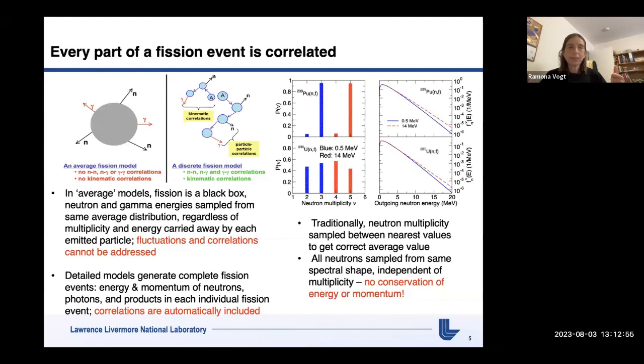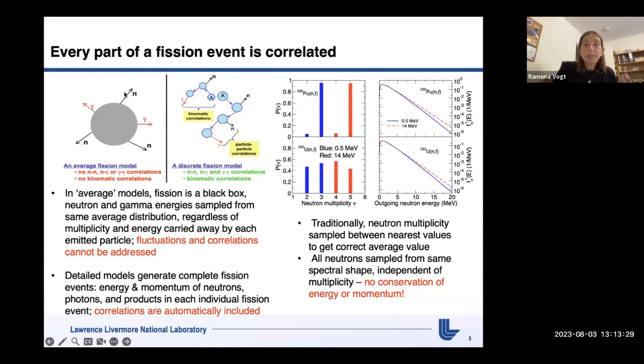And like the MCNP code that's used a lot in Los Alamos, MCNP6, before a code like Freya was included, the reaction would just emit a bunch of neutrons and photons, and then it would decide if it was an elastic scattering or fission or whatever, which is kind of like putting the cart before the horse, because then you have the neutrons, I mean, the photons, out the door before you even know what happened.